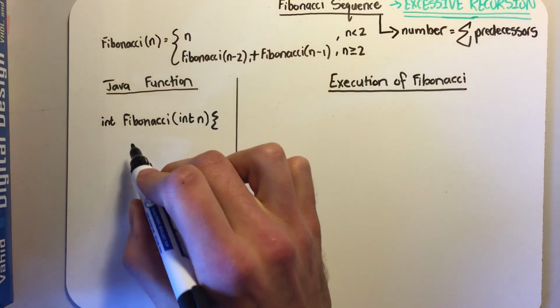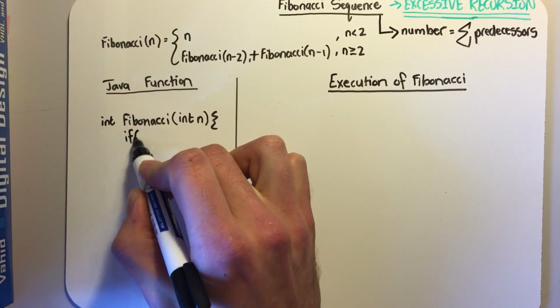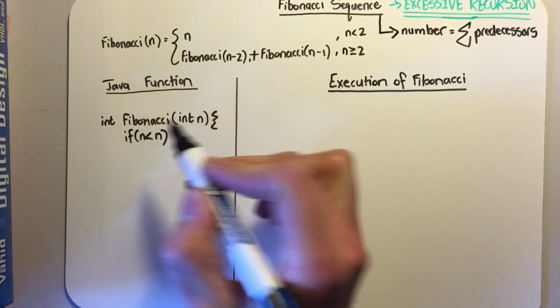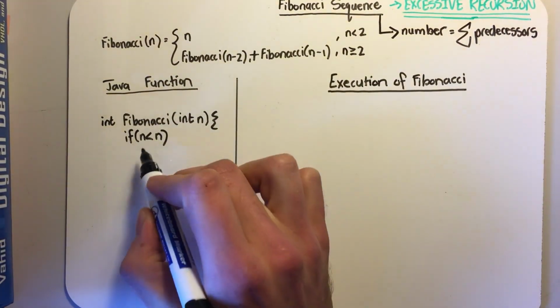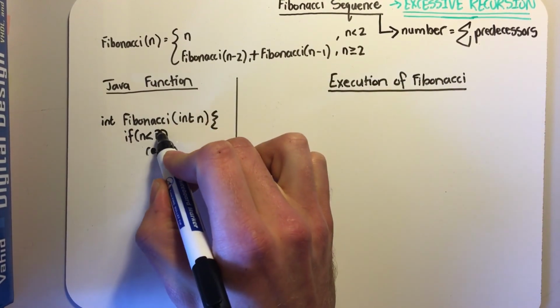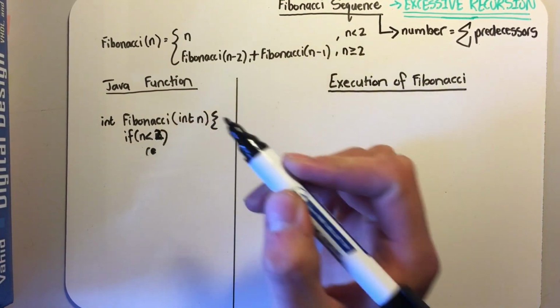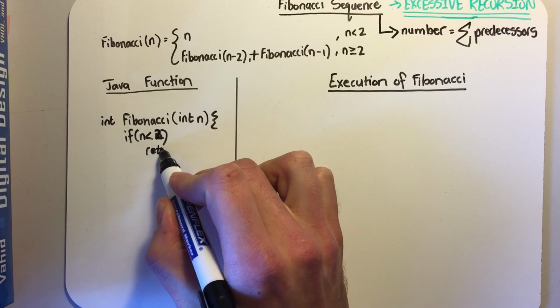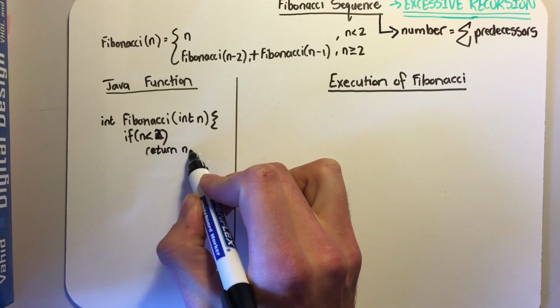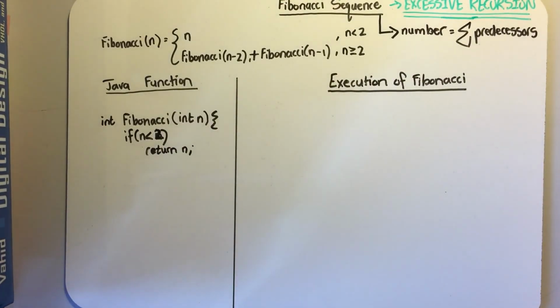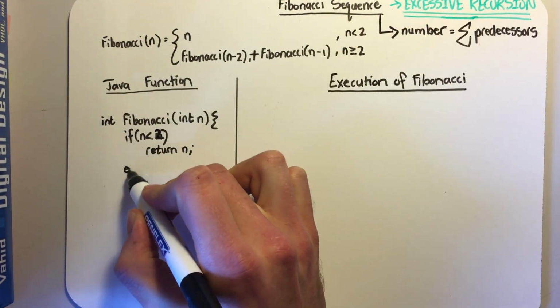So if n is less than 2, which is our case there, then we simply return, that is 2, not n, return n. Look at me writing n less than n. Like that makes any sense.